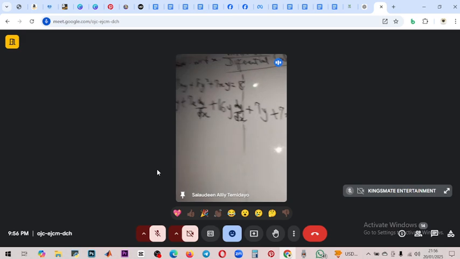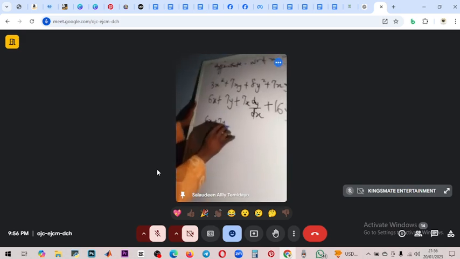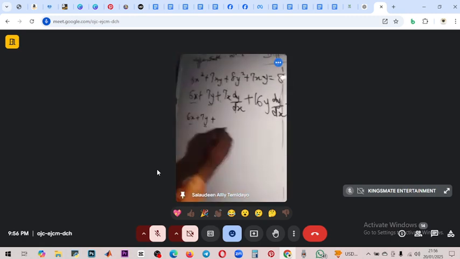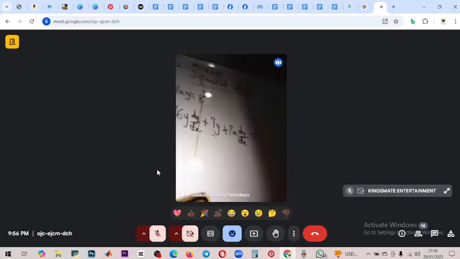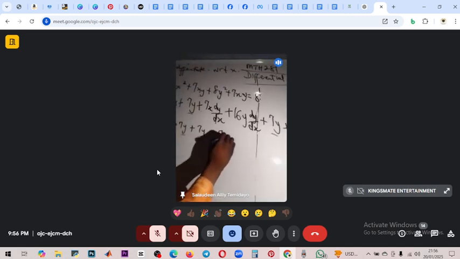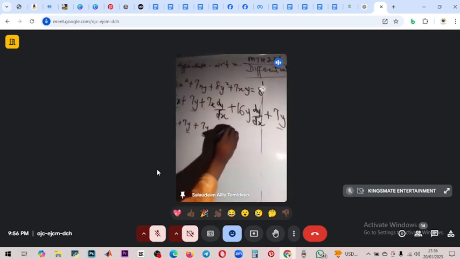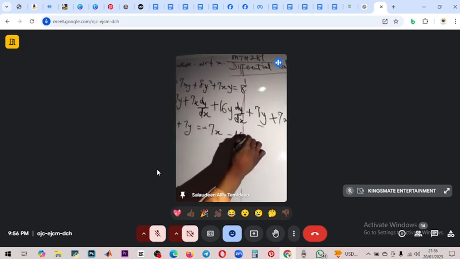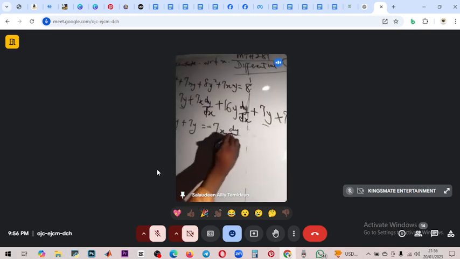So this gives me 6x plus 7y plus 7y. I have to bring everything that has the dy dx to one side. So the 7x dy dx goes to the other side and becomes minus 7x dy dx.